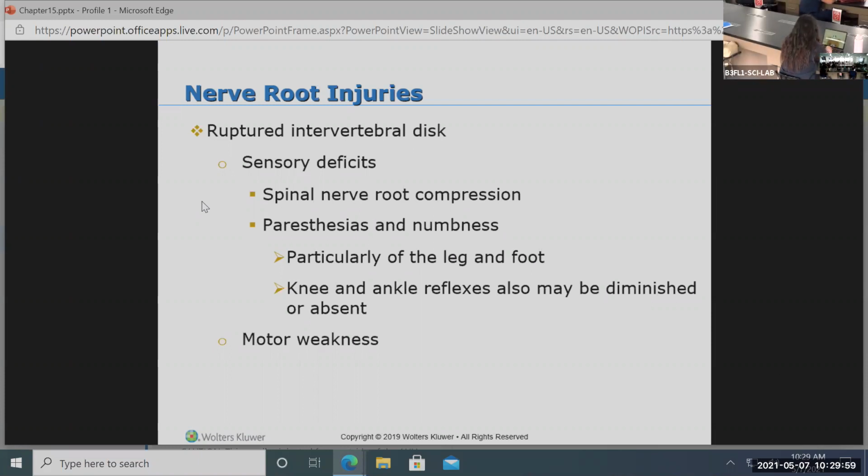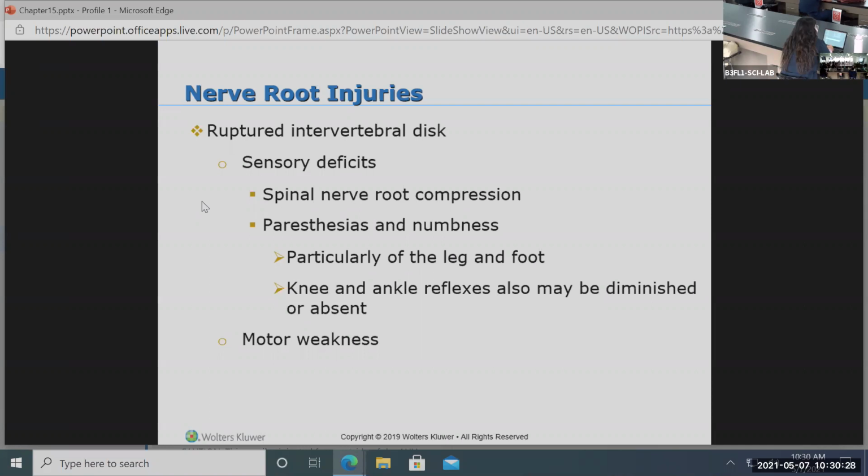Let's move on. So the slide over here is about nerve root injuries. Maybe due to ruptured intervertebral disc, which is one of the common injuries of improper lifting of weight.